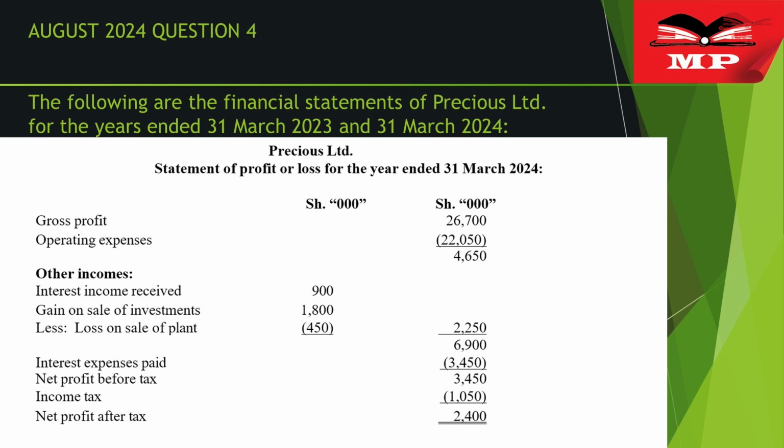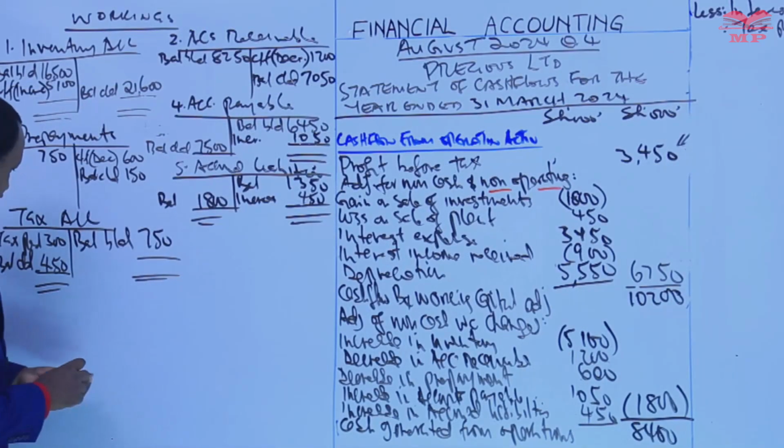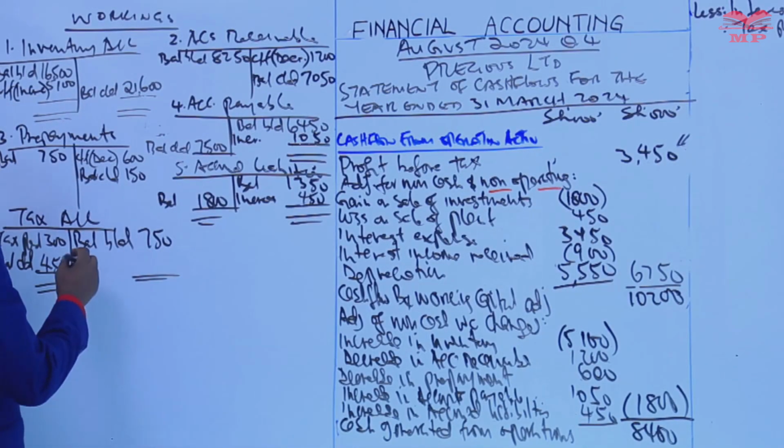That is income tax for the year, 1050. So we're going to credit the tax payable account with 1050 before we get the balance.